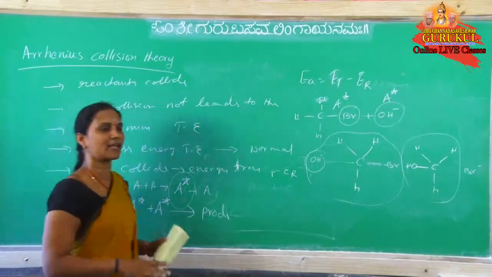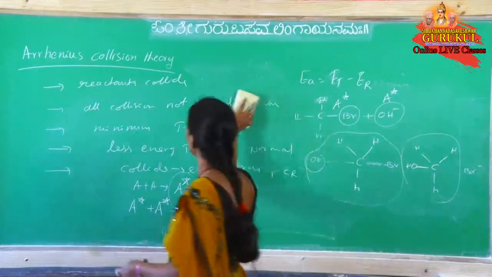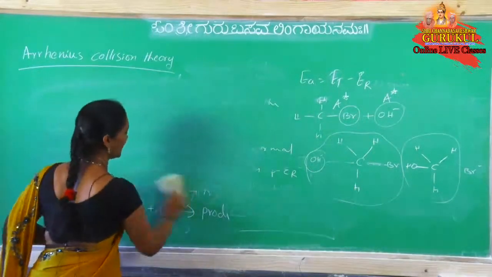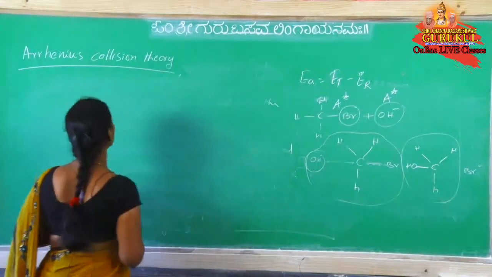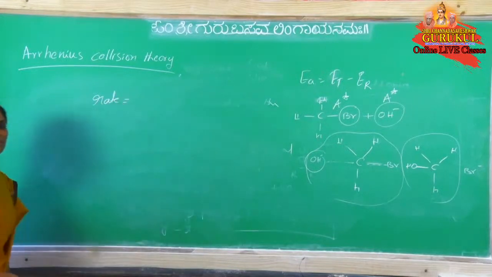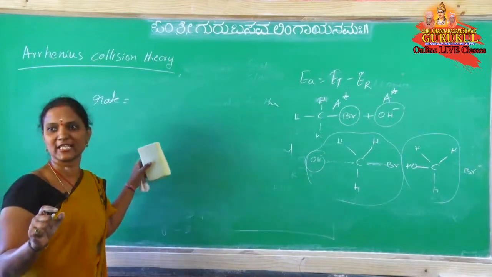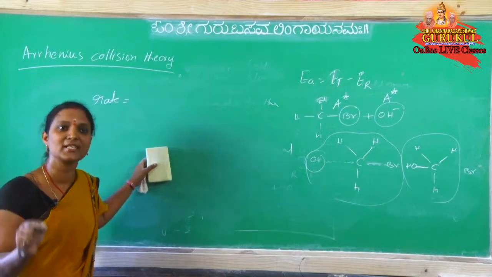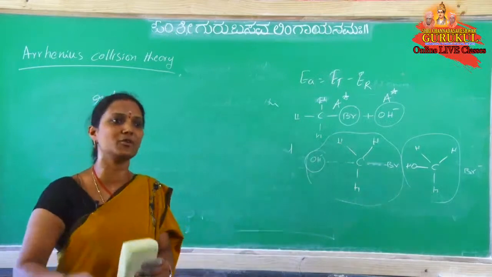So how does the reaction take place? This is the Arrhenius collision theory. Now what is the expression for this theory? Now come to the rate. Rate depends on the number of collisions taking place in unit volume in unit time, because of collisions only reactants change to products.